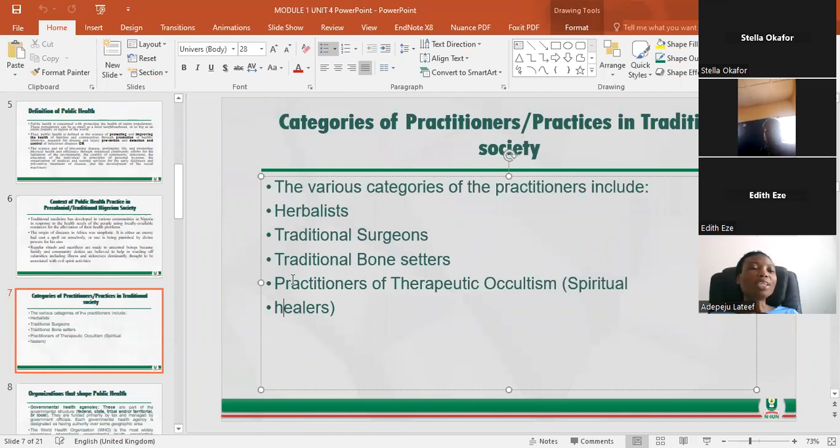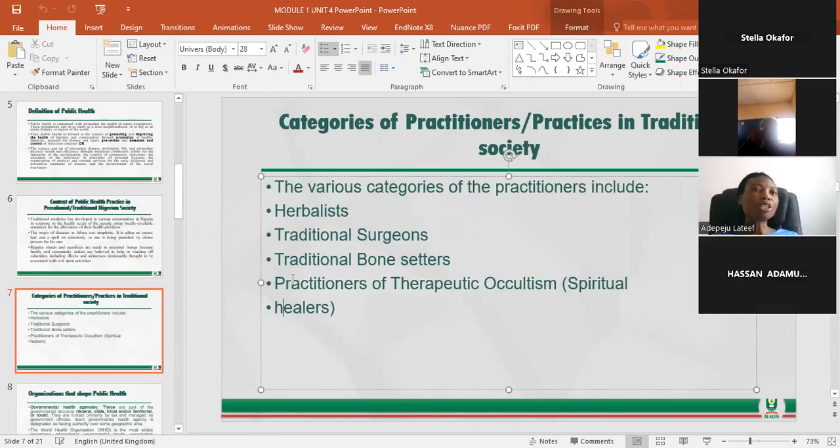So all these attempts are to prevent further problems from happening. And also the preventive practice, such as isolation, cannot be said to be foreign to Nigerians as an indigenous community.